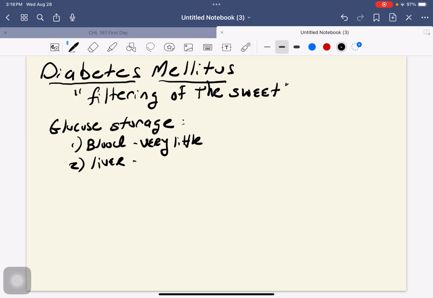One would be in the liver, that would be second. We store it in the liver in the form of glycogen. We don't store glycogen in the blood. Once again, glycogen, as mentioned previously, is a big spider web of interconnected glucose molecules. It's referred to as a polymer. A polymer is a complex structure made up of simple repeating units. So it's individual glucose molecules, if I have it listed here as G, all linked together in a giant spider web.